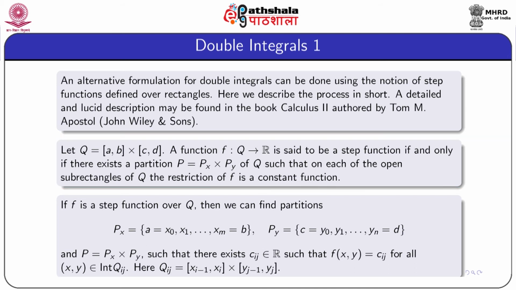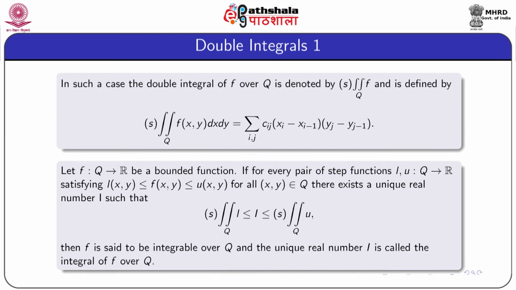We assume f is a step function over Q, then we can find partitions Px equal to a equal to x0 up to xm equal to b and Py equal to c equal to y0 up to yn equal to d, and P equal to Px times Py, and real Cij such that f(x,y) equal to Cij for every (x,y) in the interior of Qij, where Qij denotes [xi minus 1, xi] times [yj minus 1, yj].